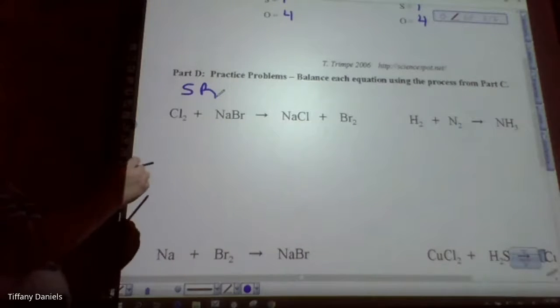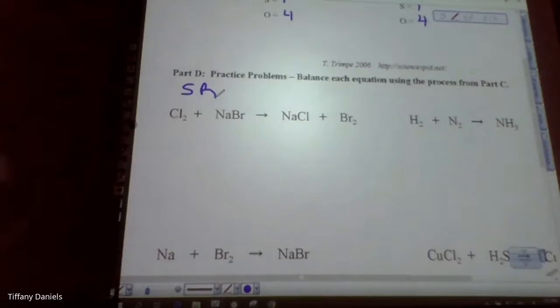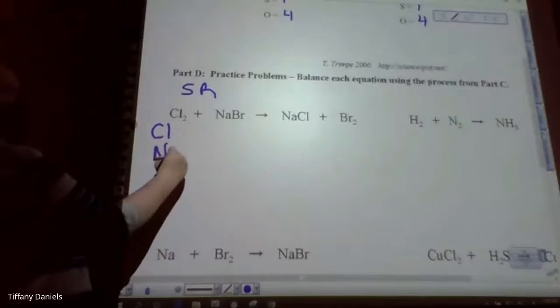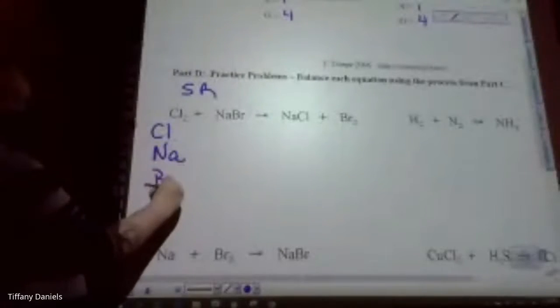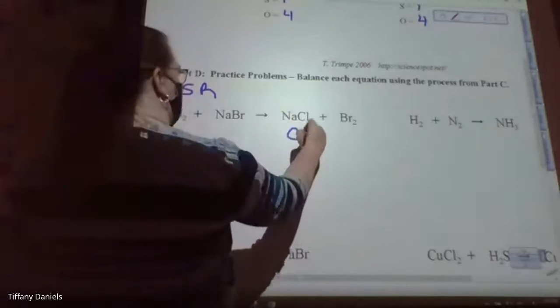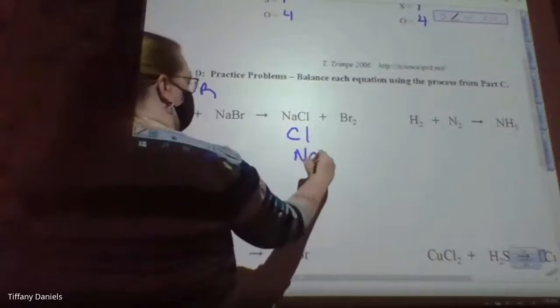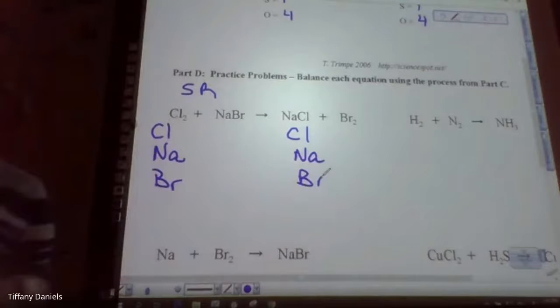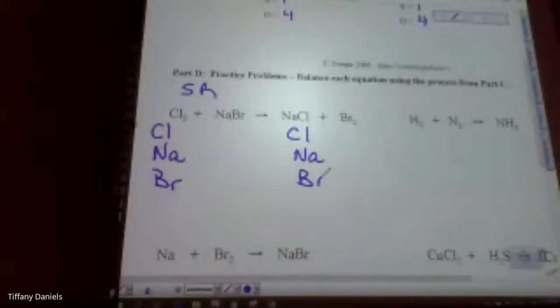So the first thing I want to do is list out each one of my elements that are on the left-hand side. I have Cl, and I have Na, and I have Br. And then I want to list them in the same order on the other side. Just look across to make sure that I have actually balanced my reaction.